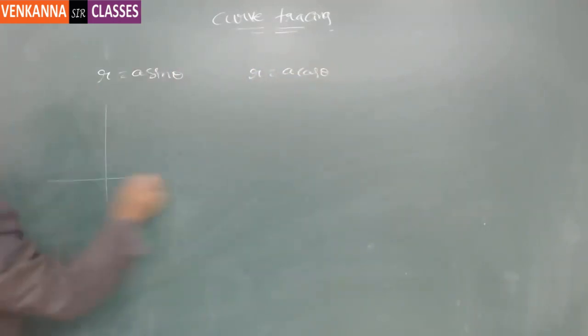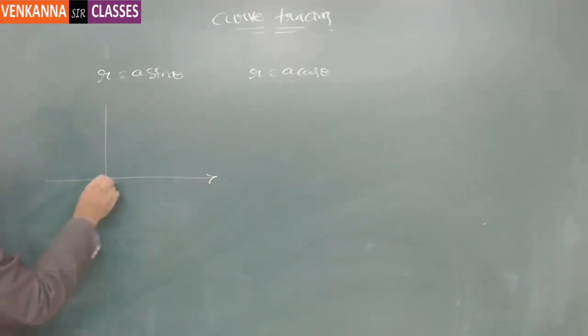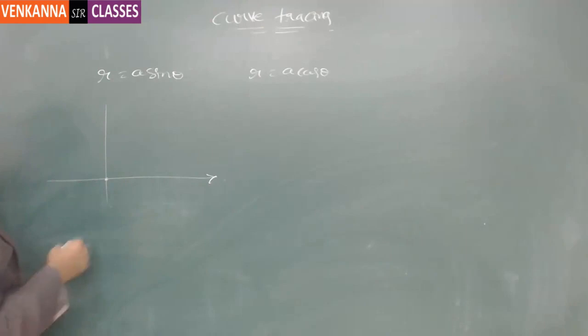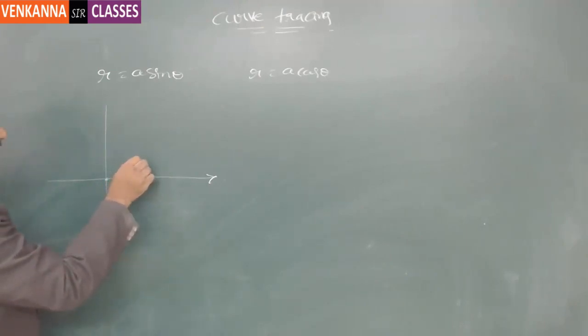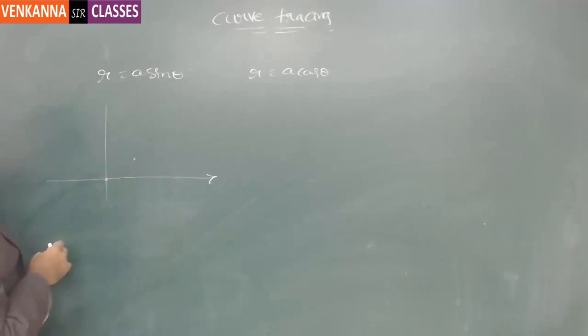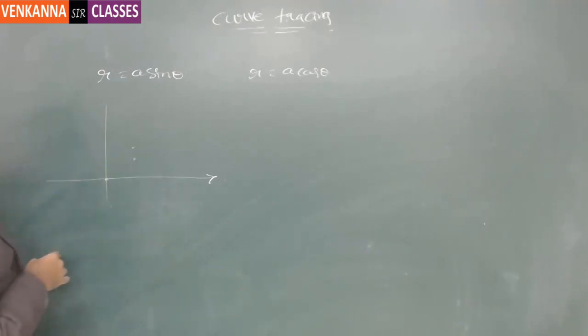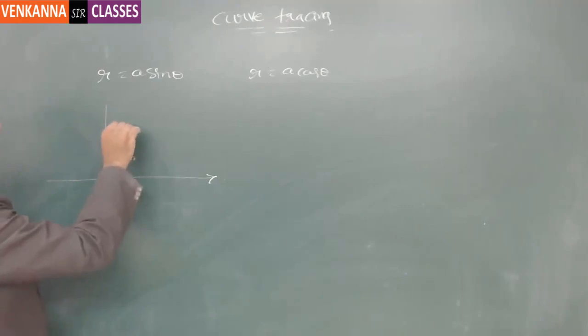Now see this. Let us say this is the initial line, and at theta equal to 0, r is equal to 0. That means this is starting here. Now at theta equal to pi by 6, that is 30 degrees, that will be a by 2. So that is somewhere here. And theta equal to 45, so a by root 2. And theta equal to 60, that is a times root 3 by 2, somewhere here.